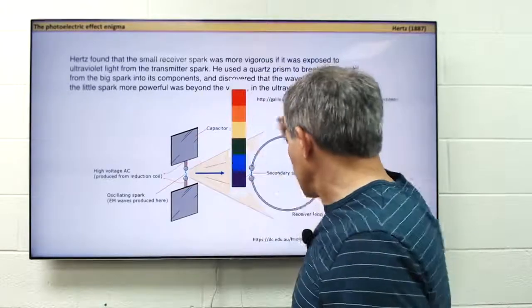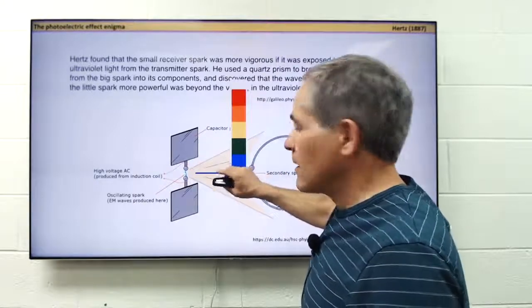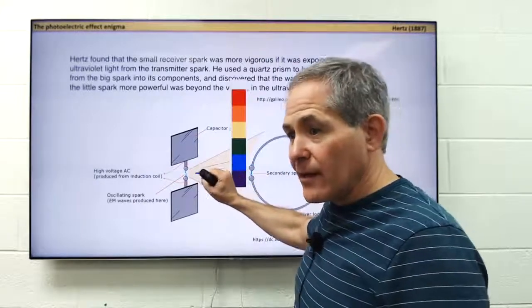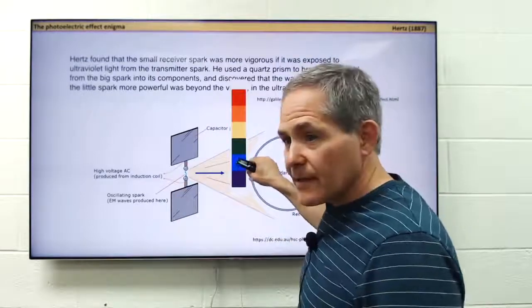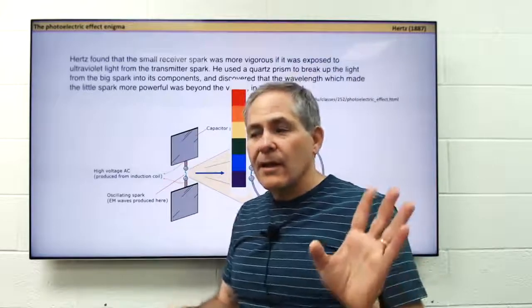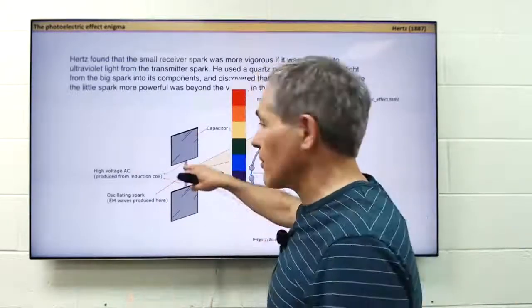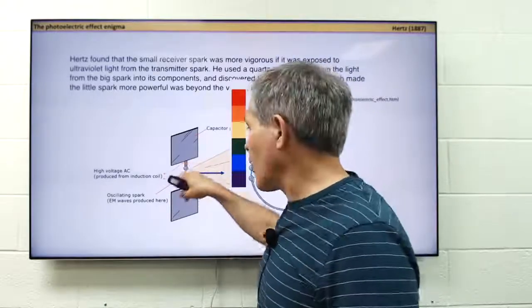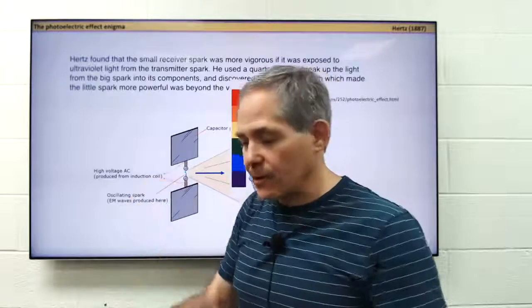The idea being that if you generate a light of sufficient energy to dislodge electrons from the surface, it would jump. Well, he didn't know all that. All he wanted to show was that he can generate light from this discharge and that he could control the color of the light.